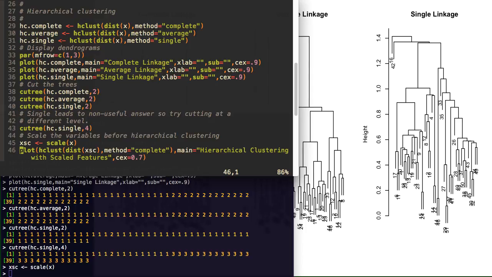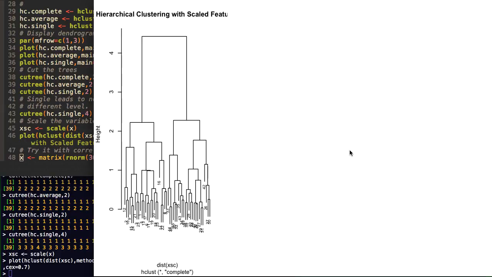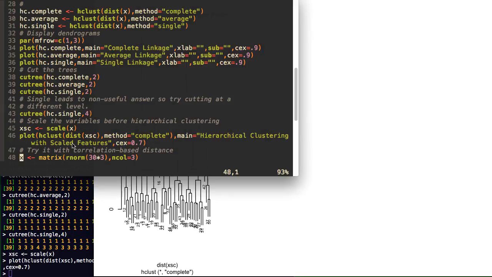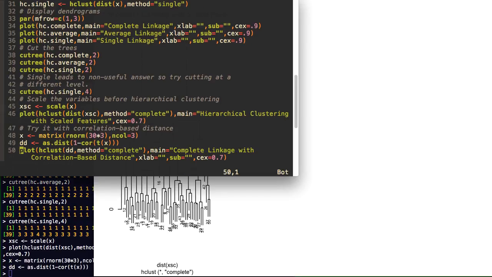And let's do a hierarchical clustering plot. Here I made the characters smaller than in the book. I found them hard to see. And now let's compare this, which is Euclidean distance, which is the standard thing to do, with correlation-based distance, which we talked about and saw an example of in the textbook.